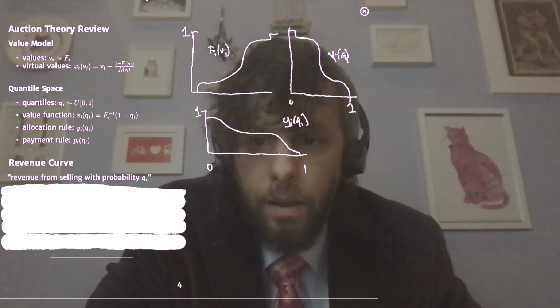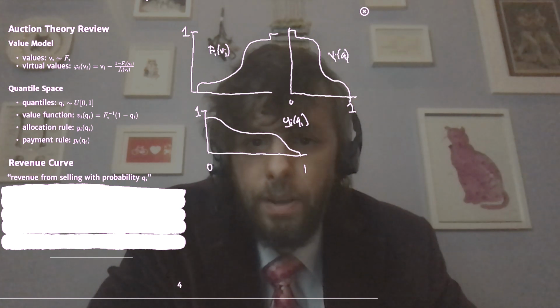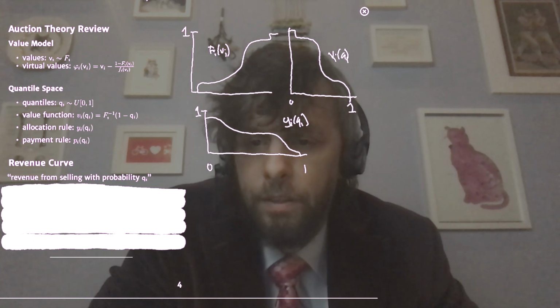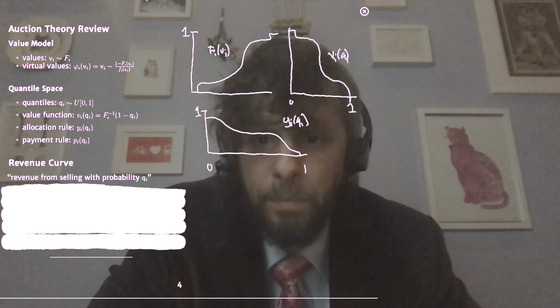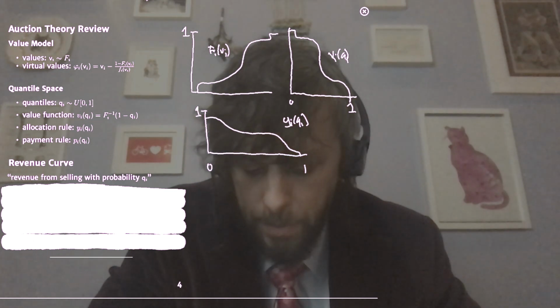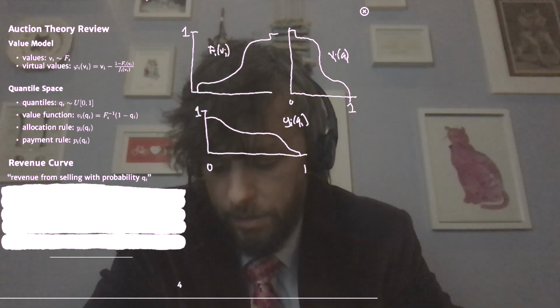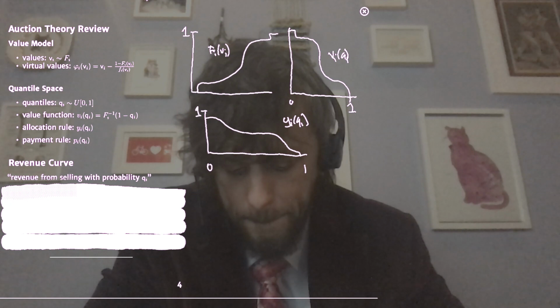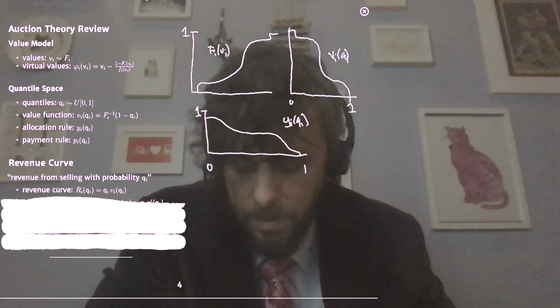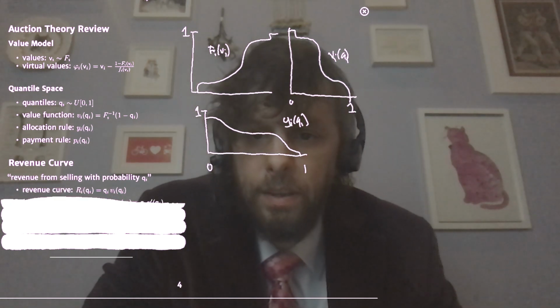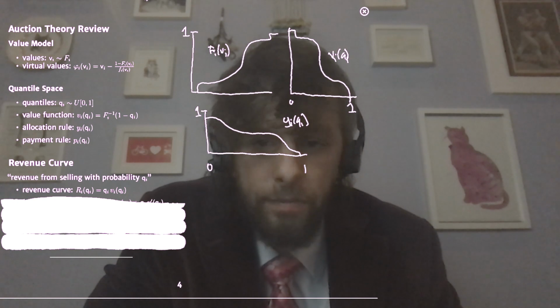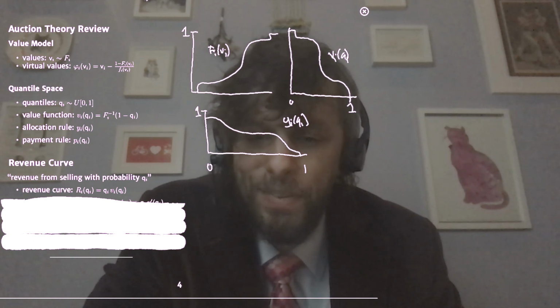Great. Revenue curves plot the revenue I can obtain from an agent as a function of the probability that I sell to them. And I'll denote that probability that I sell to them as q_i. Okay, and revenue curves are very easy to express in quantile space.